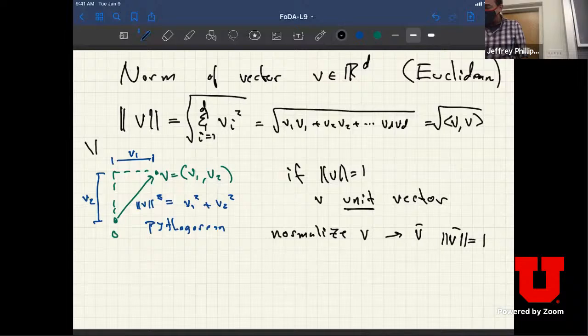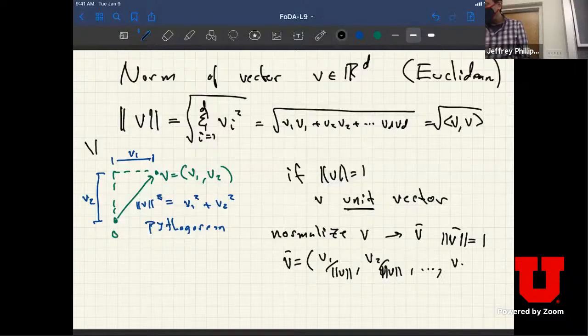I do this by setting v bar equal to v1 divided by the norm of v, v2 divided by the norm of v, up to vd divided by the norm of v.